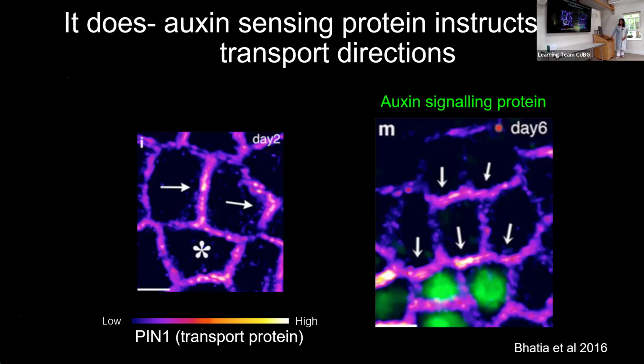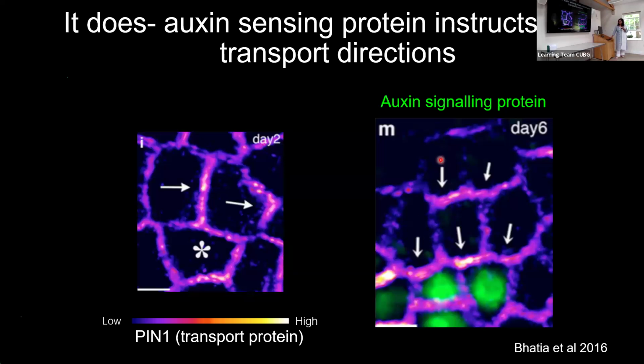After 6 days of the experiment, when I increased auxin signaling very locally in this cell, which you can see in green here, most of the signal from the side has shifted to the side next to these green cells.